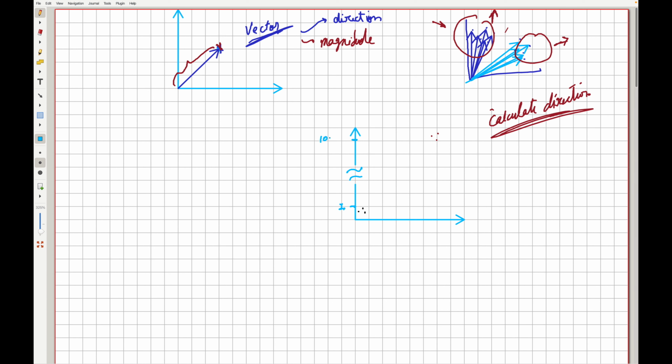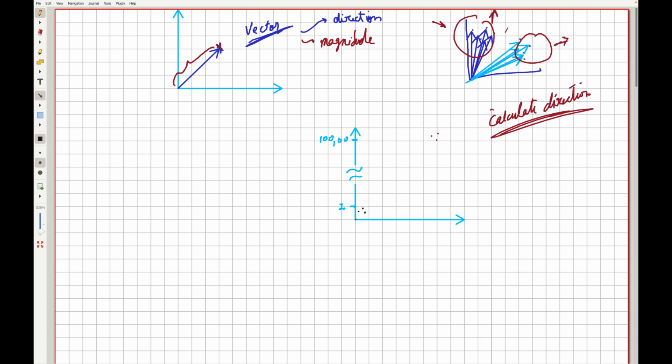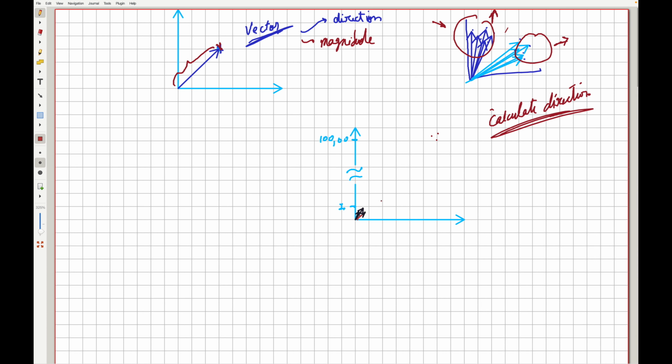Here this value is 1, and let's say here this value is 100,000. In this case, if we start thinking about our data points, this is one arrow, this is one vector, this is another vector, that's the third vector. They are very small in magnitude, very tiny arrows, and then we have these other arrows or vectors, which are fairly large compared to our original small arrows.